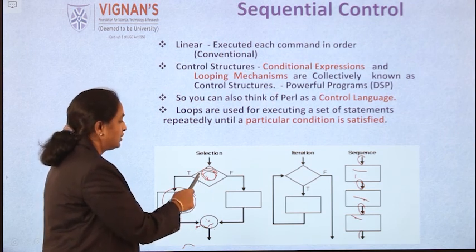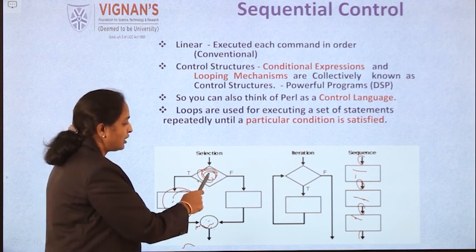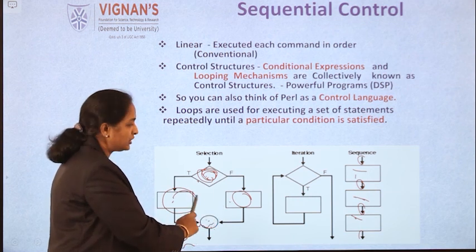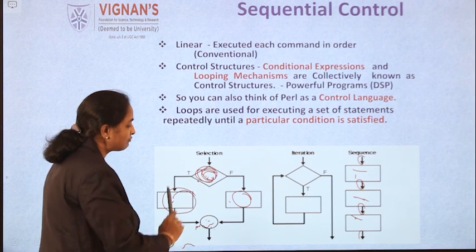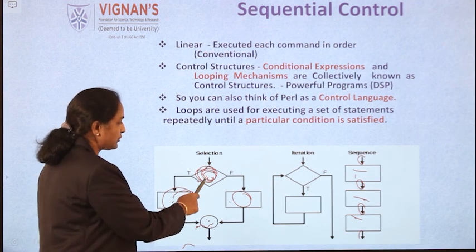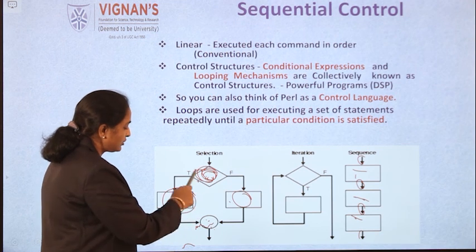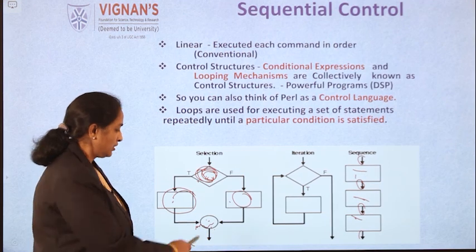Which block to execute depends upon the condition, whether it is true or false. So selection takes place based on the condition, and then you execute that block. Finally you come to the end.